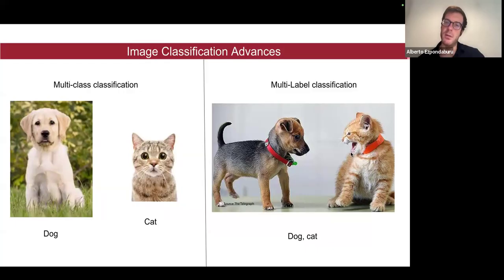Here you have multi-label. You cannot use a softmax, because what are you going to say? That 50% dog and 50% cat? Or imagine that you have two dogs. How are you going to deal with it? You cannot use a softmax layer. You have to use a different approach.